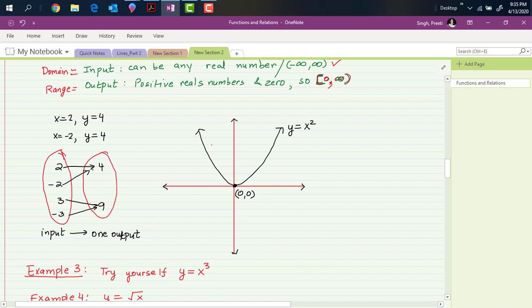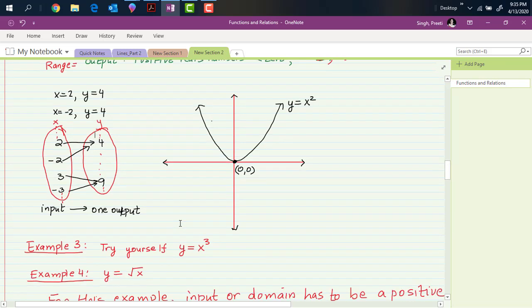Some of the inputs will have the same outputs, but each input has one output. So this is a function. Remember, if one input has one output, it is a function. Output can be unique or cannot be unique, right? So you have multiples here. So this is your x value and that's your y value. Okay, so that's a function.